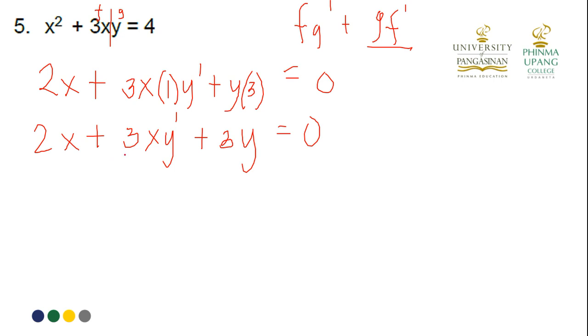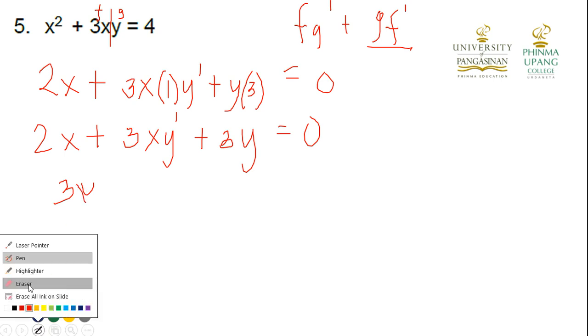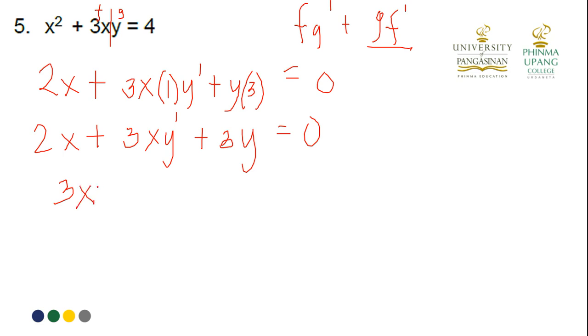Wala ng mga quantity. So, again, isolate yung mga may y prime. So, magiging 3x y prime equals negative 2x minus 3y.